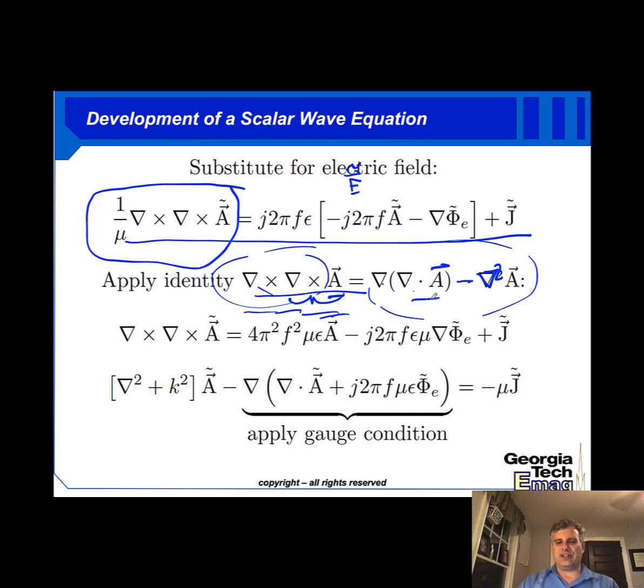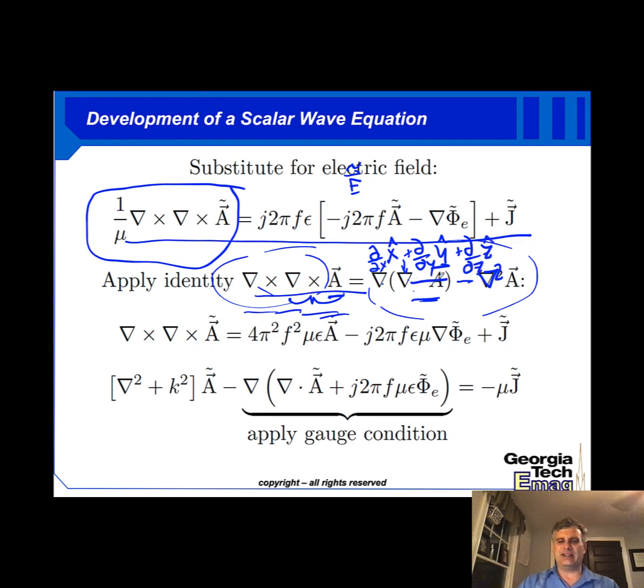Divergence, we kind of understand that. Remember that the upside down triangle, the nabla, is partial derivative with respect to x on the x hat unit vector, partial derivative with respect to y on the y hat unit vector, partial derivative with respect to z on the z hat unit vector.